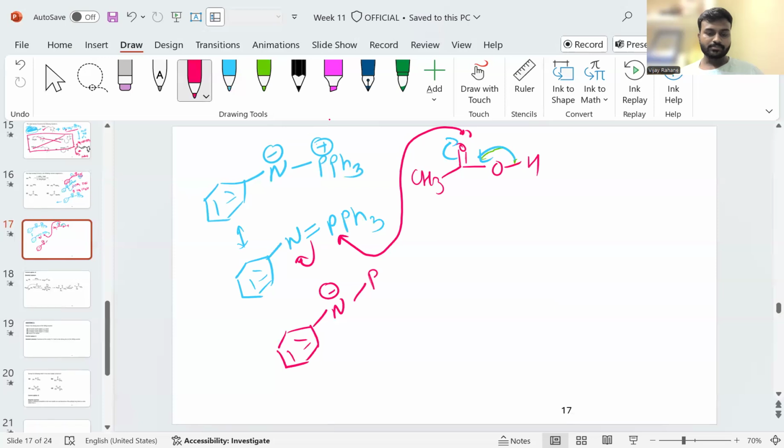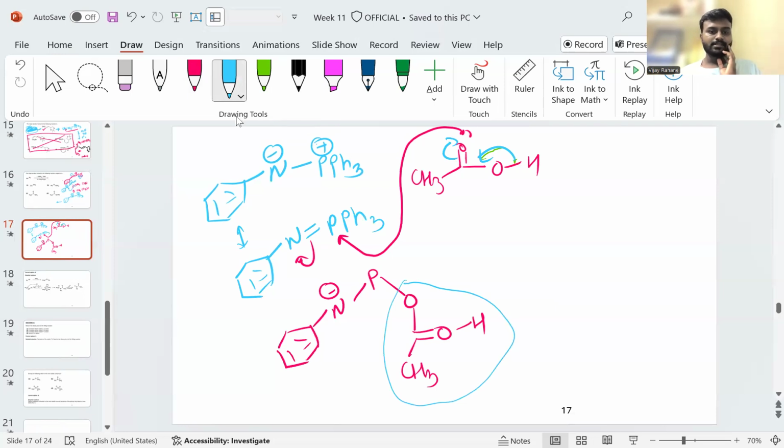Now the phosphorus, this entire part is from the acetic acid, and here the PPh3 will remain. I will draw that in the bracket.